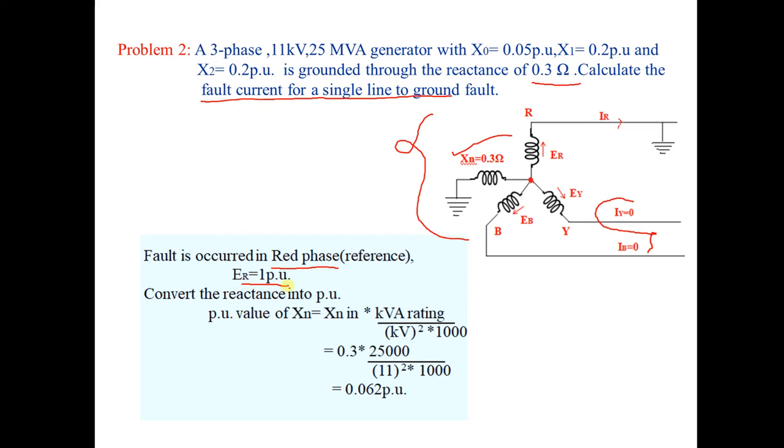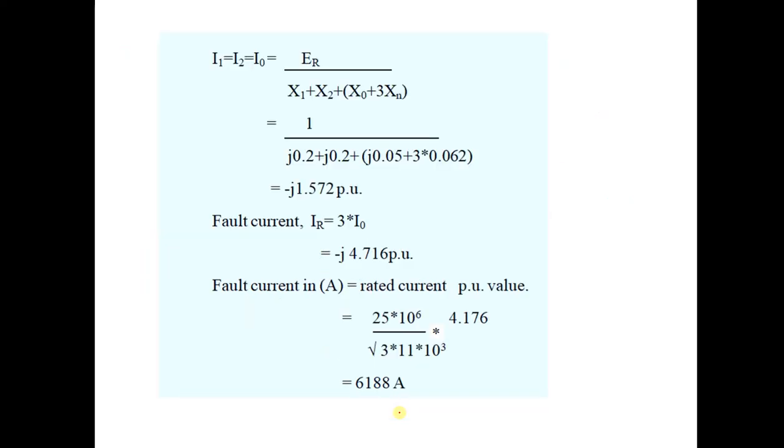Okay, and the reactance per unit is Xn into kVA rating by kV square into 1000. Okay, what is Xn here: ground through reactance is 0.3, kVA is 25, right, and denominator kV is 11 square into 1000. So by calculating this we obtained 0.062 per unit.